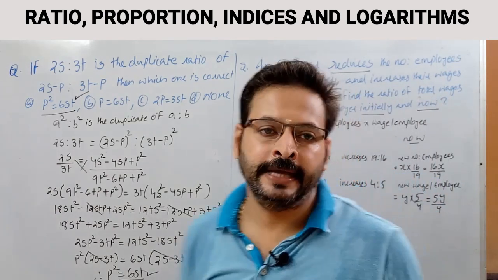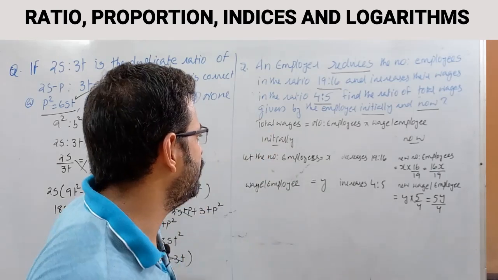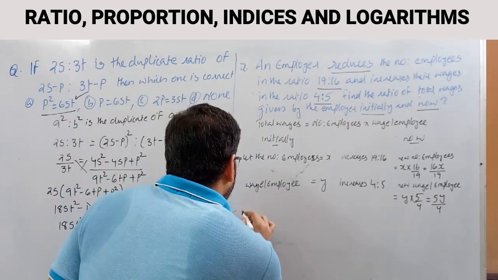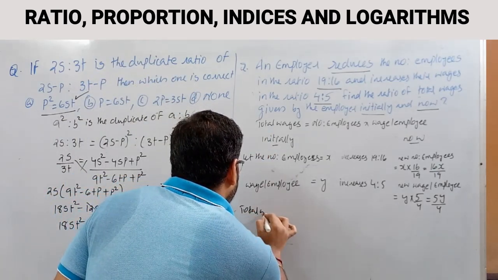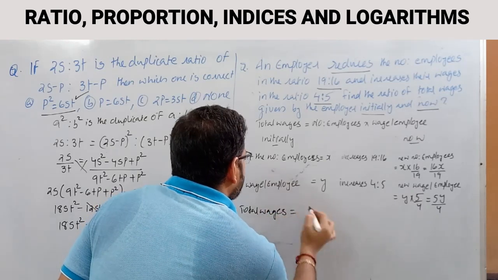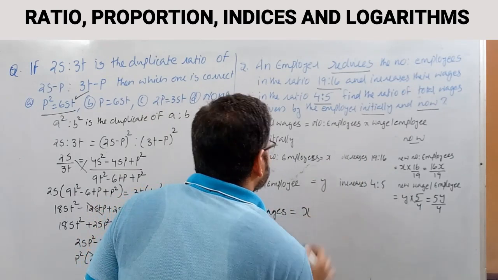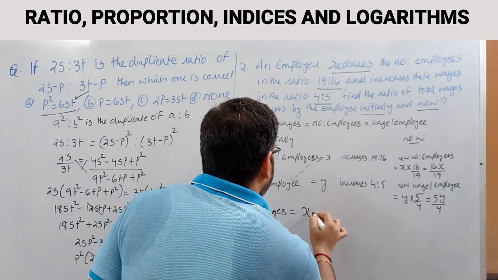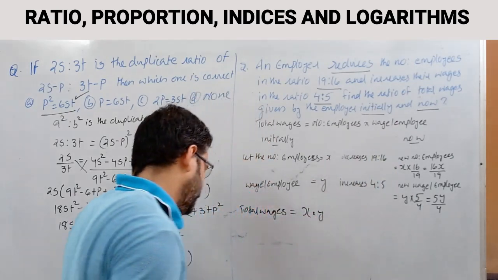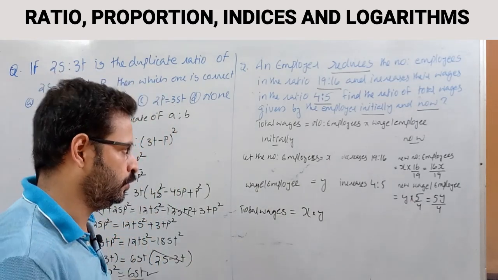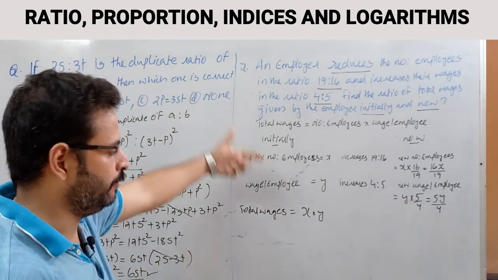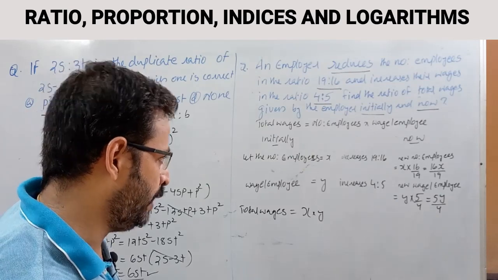Okay. Then consider the equation: total wages is equal to number of employees x into wage per employee y. X into y. Initially, the total wages given by the employer is x into y.